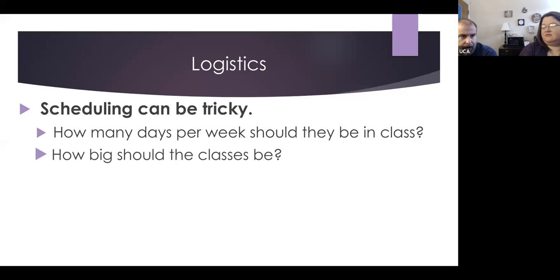How big should those classes be? We've seen courses, even the credit-bearing course, ours is maxed at 40, mainly because the math department wants those to be at 40 students. So we wanted to remain consistent with what they do, and we keep ours at 40. But how big should those developmental courses be?